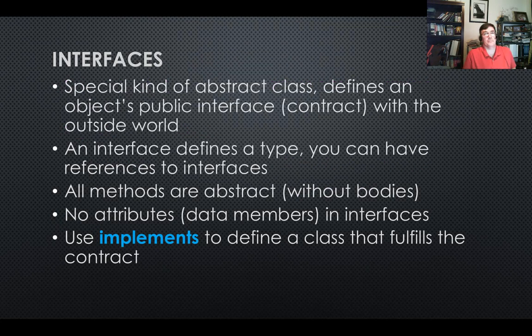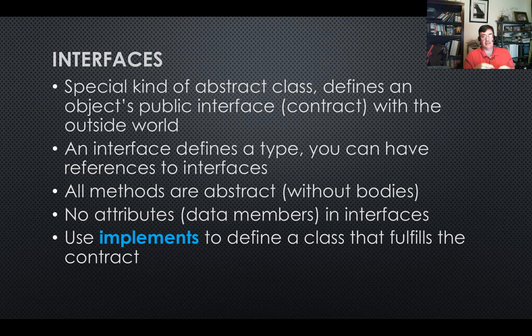So what's an interface? An interface is a class. Enough said. We're done. It's a little more complicated than that. An interface is a special kind of abstract class that defines an object's public interface, that is, its contract with the outside world. The interface defines a type, because it is a class and all classes define a type. All methods in an interface are abstract, which means an interface in Java cannot have any method bodies.